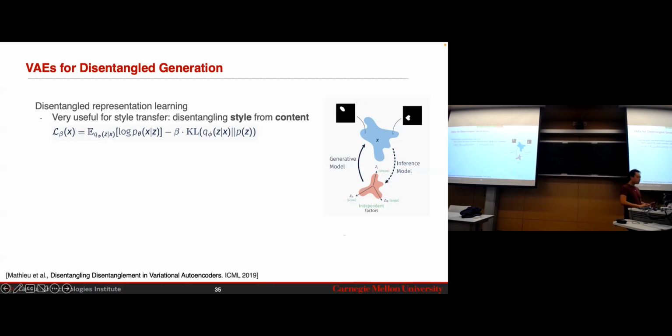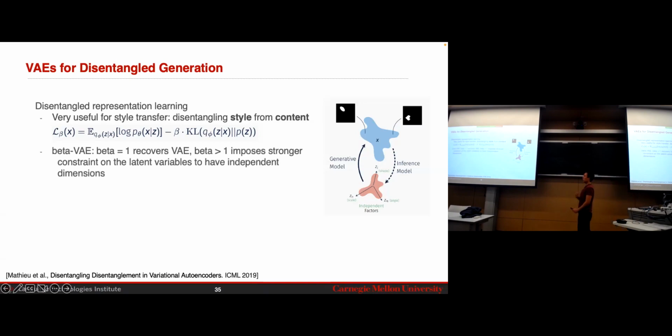And the second term is how simple my latent variable model, my distribution over my latent variable Z, is to some prior in controlling simplicity. And you can actually control this with a very simple parameter beta. Higher beta means that you care more about simplicity, you care more about the structure of your latent variables. Lower beta means you don't care that much about your structure of latent variables, and you care more about how well your latent variables explain your data.